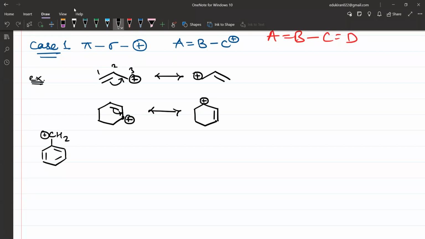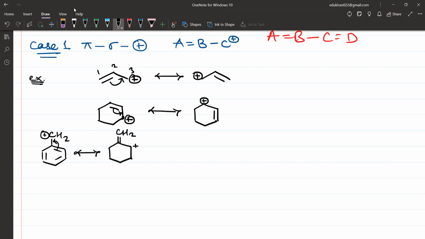A benzene ring with a positive charge. Now, the electron movement again is from the ring towards the positive charge. So I will get a double bond here, and I will get CH2.